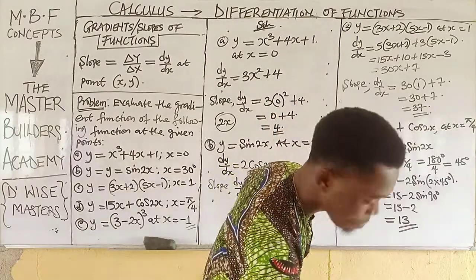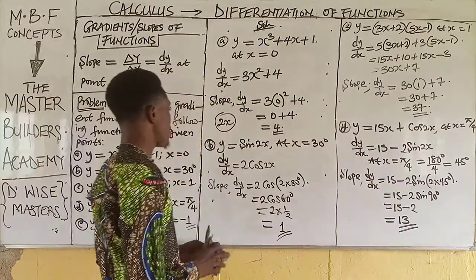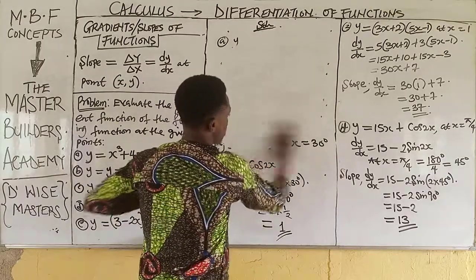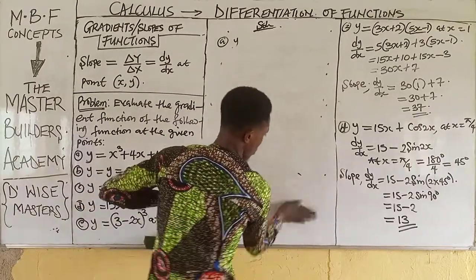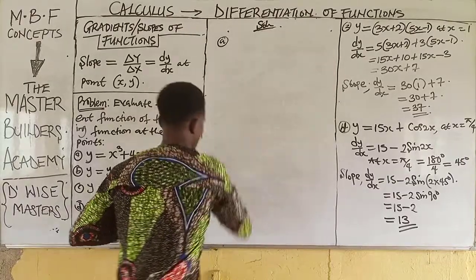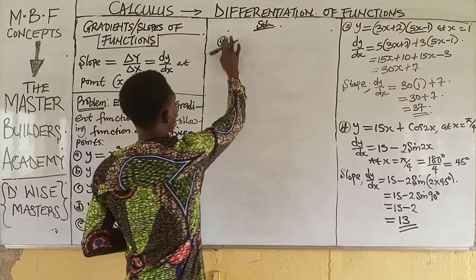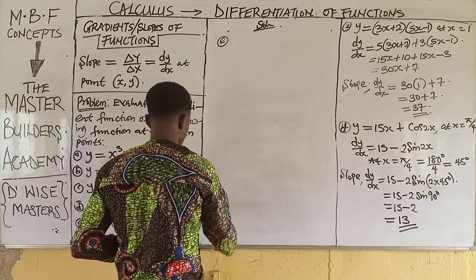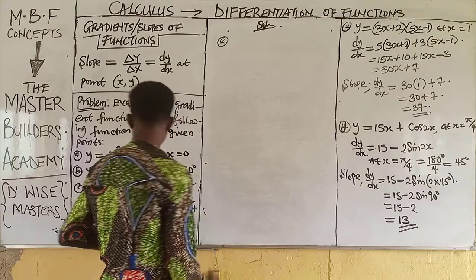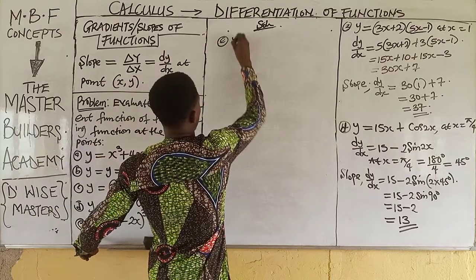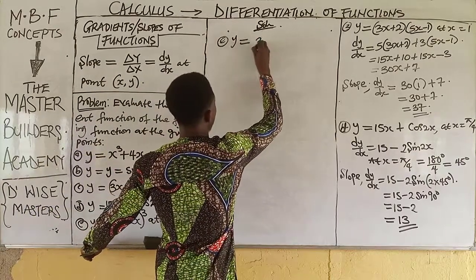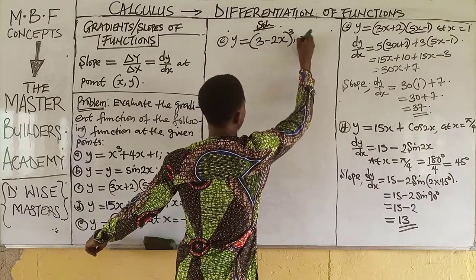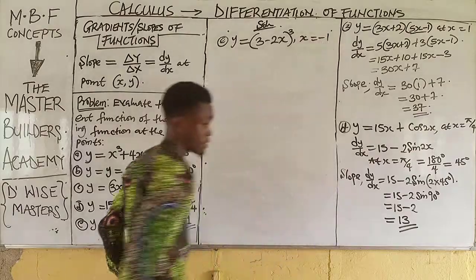Finally, let's look at question number 5. Now for question number 5, we have y is equal to 3 minus 2x all raised to the power of 3 and x is equal to negative 1.